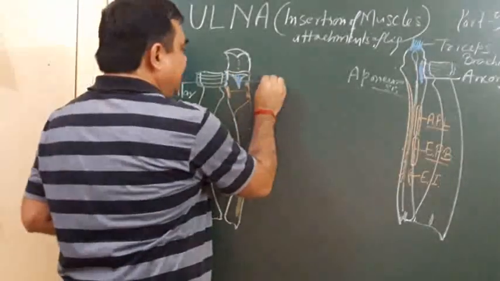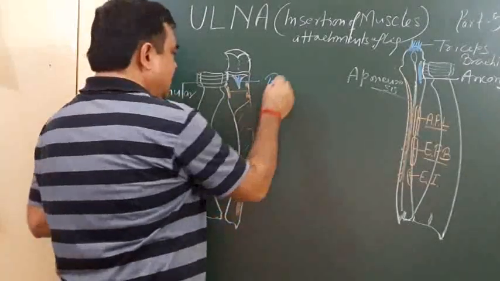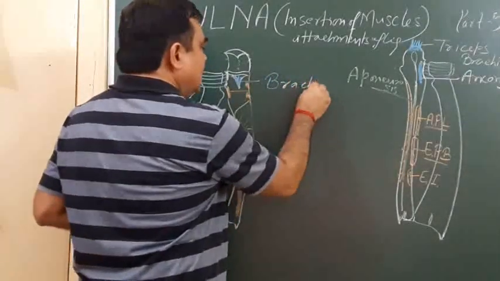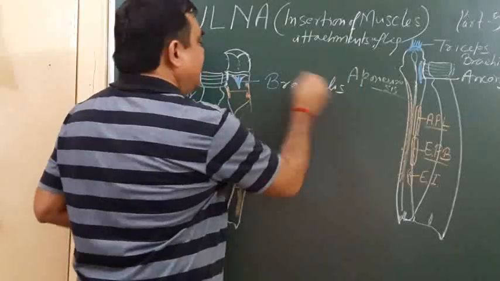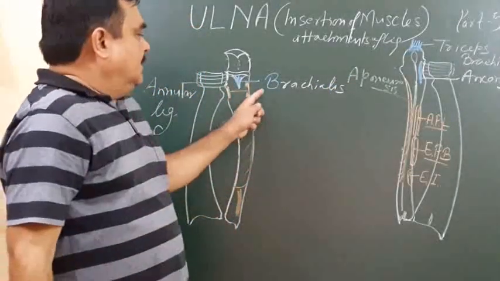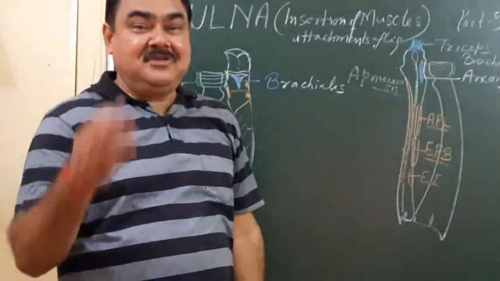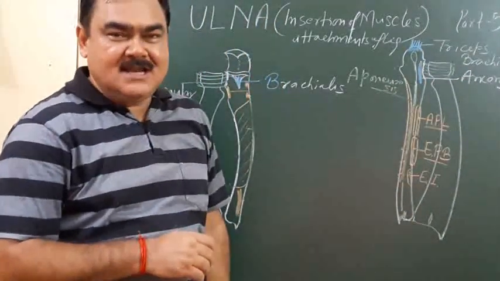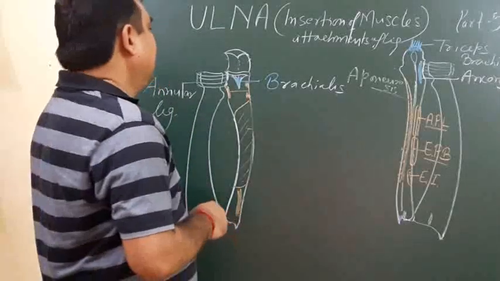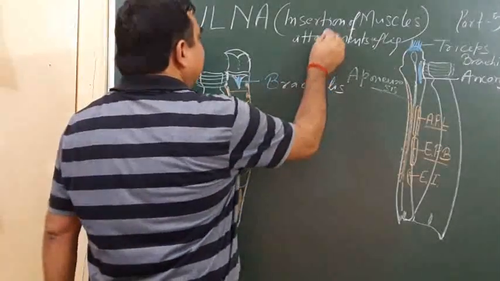This muscle is brachialis. So brachialis, anconeus and triceps brachii. These are three muscles which attach on the ulna. So there is insertion of three muscles.